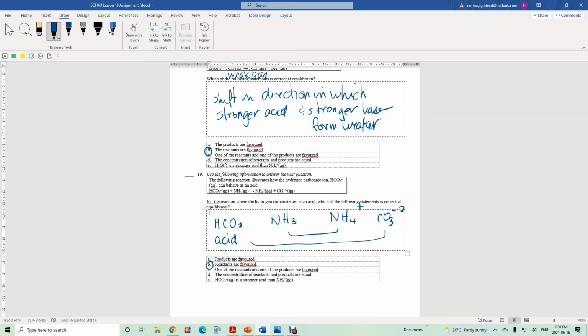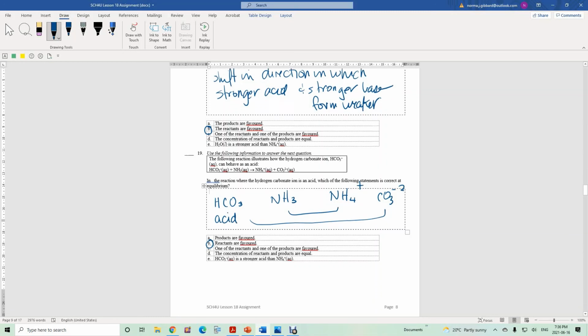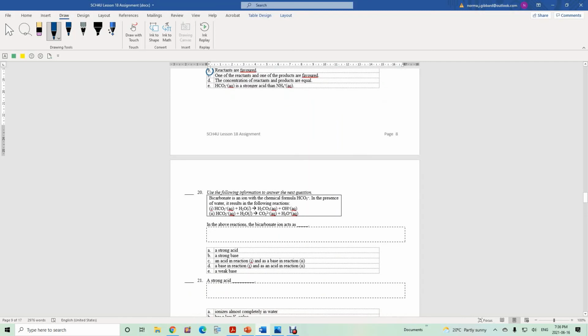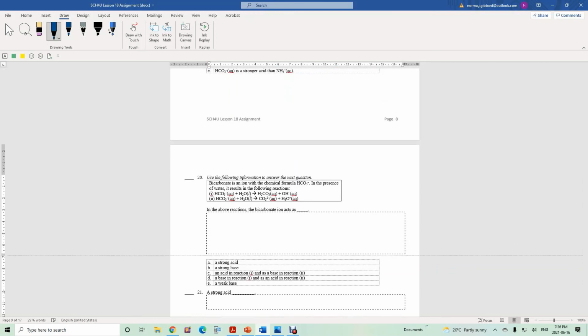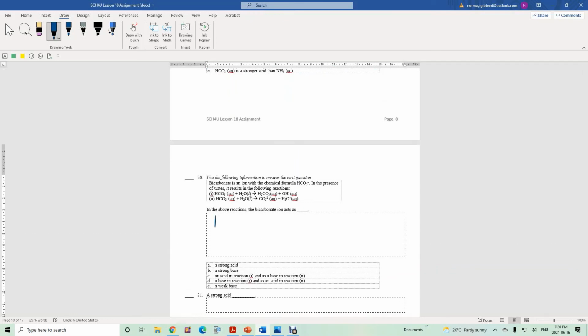So your answer is B. Number 20. So we have HCO3 minus plus H2O, H2CO3 plus OH, and this is your proton acceptor. So your answer is D.